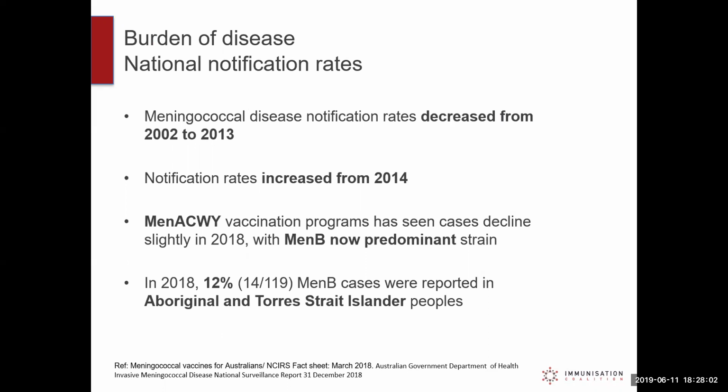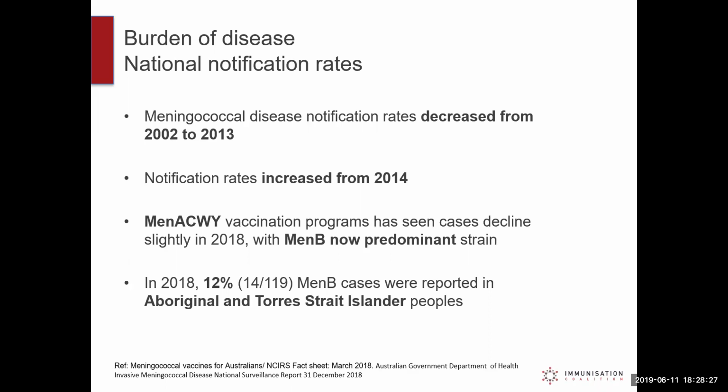ACWY vaccination programs over the last year or so have certainly seen cases decline, but meningococcal B is now more the predominant strain. Some states and territories have been vaccinating against ACWY all of 2018, but of course we'll talk about the funded program changes shortly.